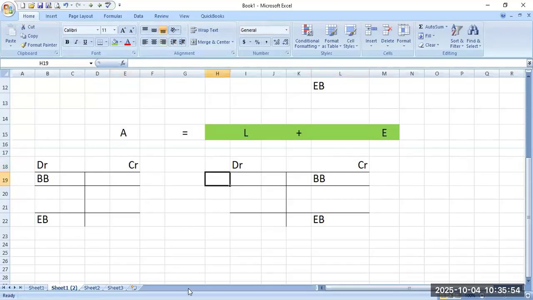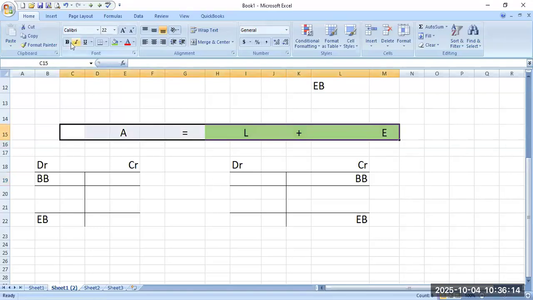Okay, what that means is, what's going to happen if somebody asks you what's the normal balance for the liability, and you forgot all this? The only thing that you have to remember is the basic accounting equation.